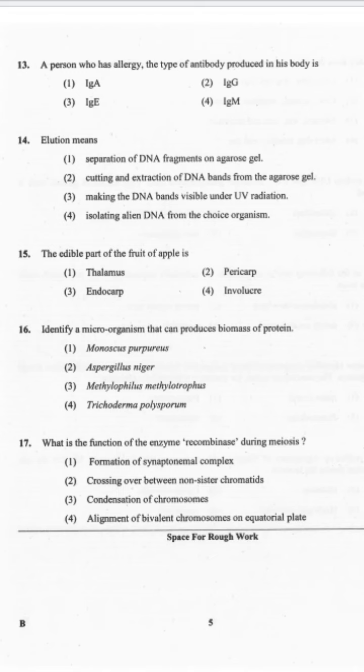Now let's discuss the solution. Immunoglobulin A, IgA, is the principal antibody class in the secretions that bathe mucosal surfaces, and acts as an important first line of defense.